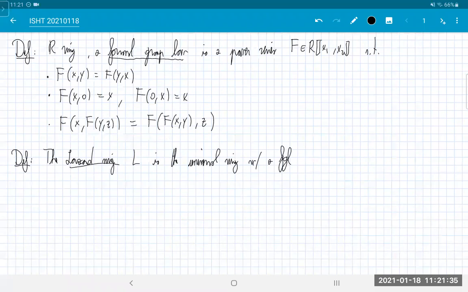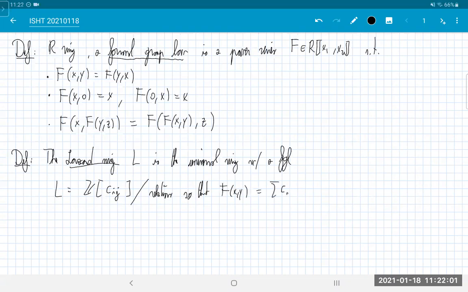You can define it. L is defined as Z with the coefficients C_ij from a group law modulo whatever relations you need, so that F(x, y) = sum C_ij x^i y^j is a formal group law.